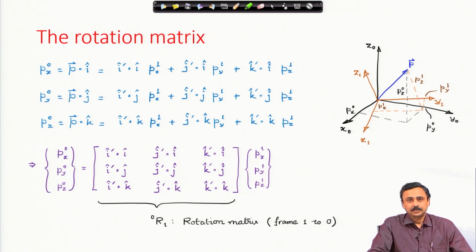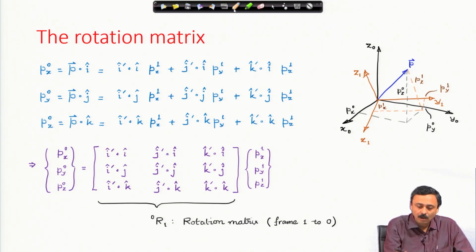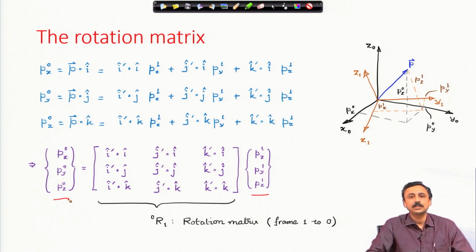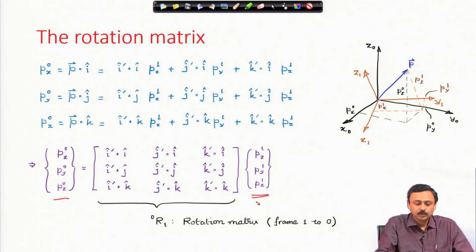This matrix is known as the rotation matrix, and it takes a vector from frame 1 to its equivalent representation in frame 0. Coefficients of the representation in frame 1 to coefficients of representation of the same vector in frame 0.